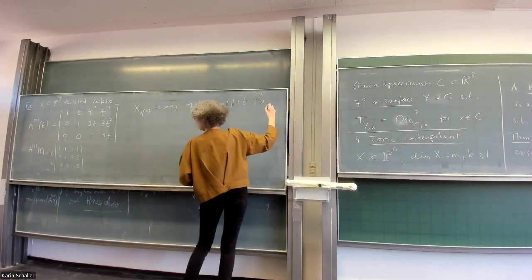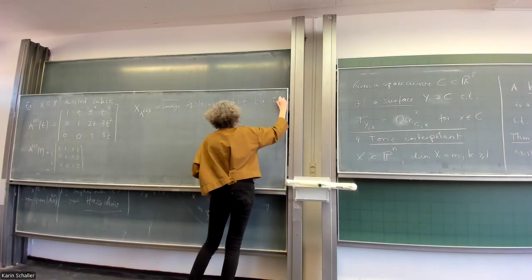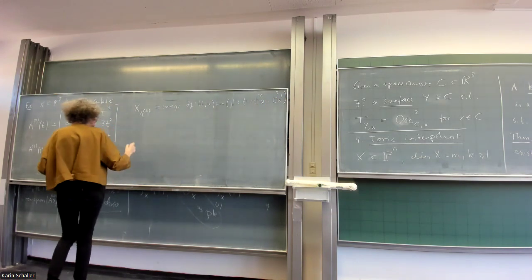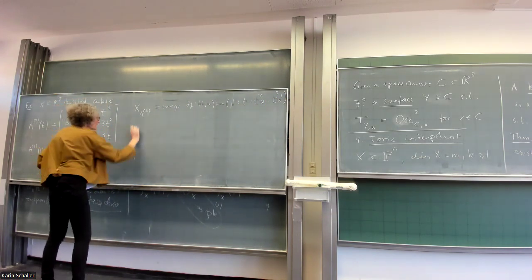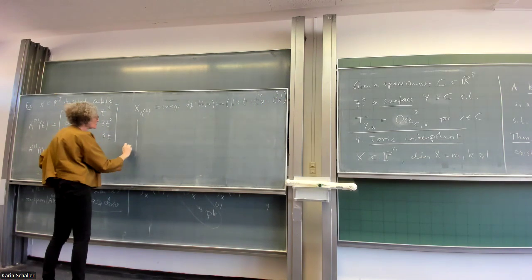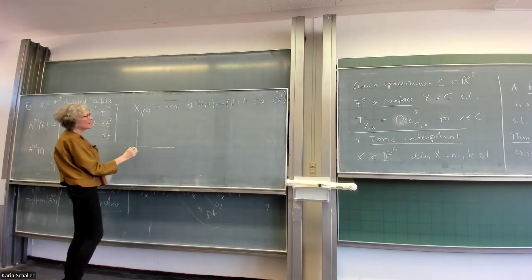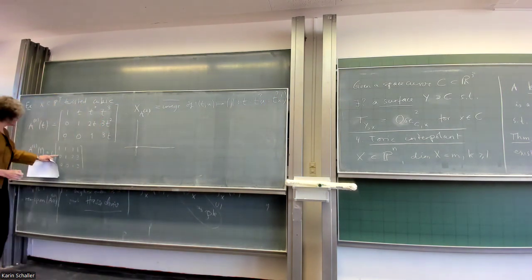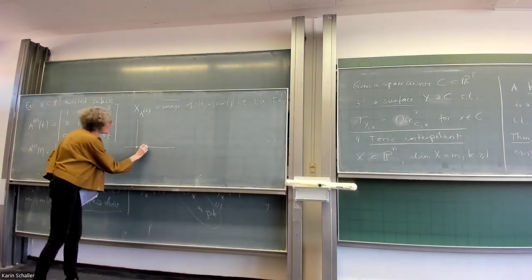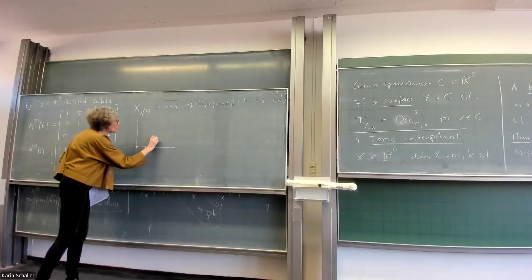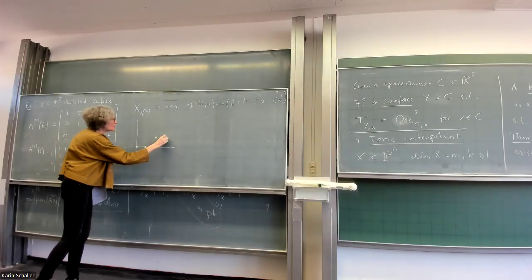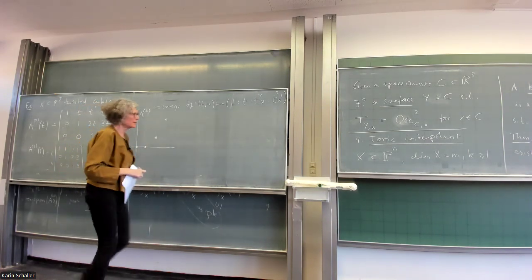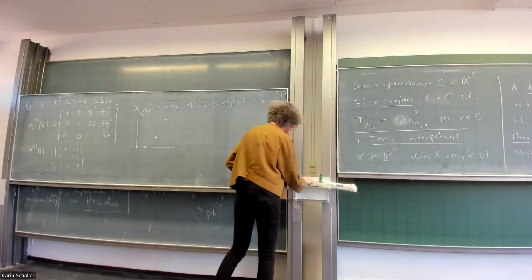And then I have t cubed u cubed. I have these lattice points: (0,0), (1,0), (2,1), (3,1), (3,3). These are my lattice points.